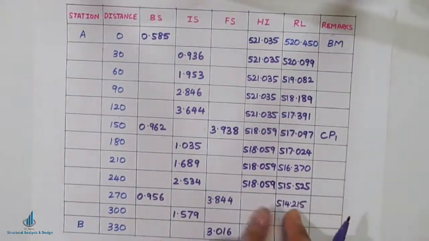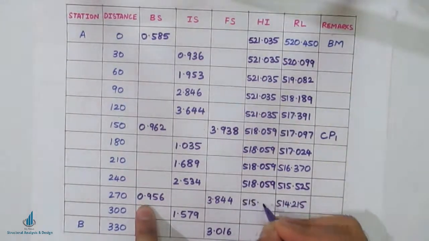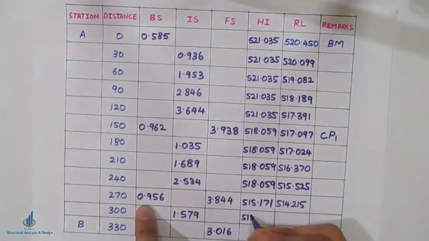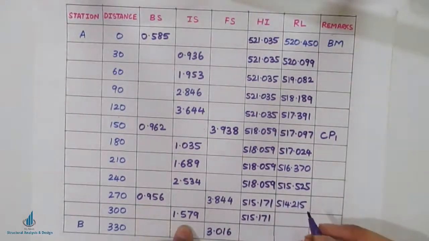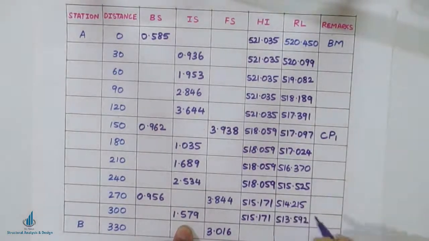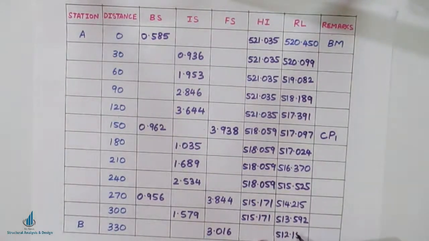right? Take this RL plus this backside, you will be getting new HI, that is 515.171, right? The HI will be same here, 515.171 minus this IS, you will be getting 513.592, and the last reading is in FS, so 515.171 minus 3.016, which will be getting 512.155, right?